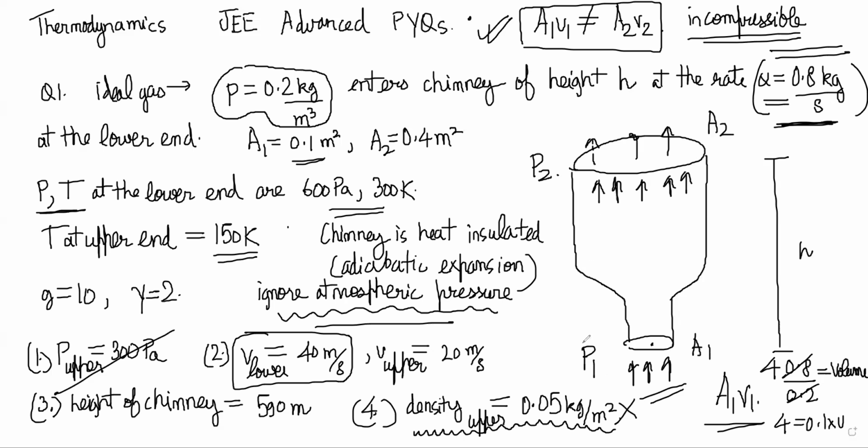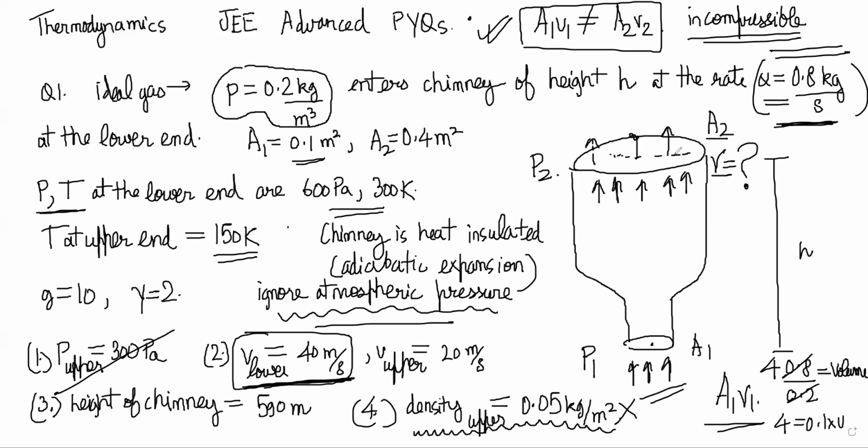No. So here we have to equate conservation of mass. So we got V2 as 40. We need to find V here, right? So area into this V will be the volume, but then that volume you should multiply by the density at this location.